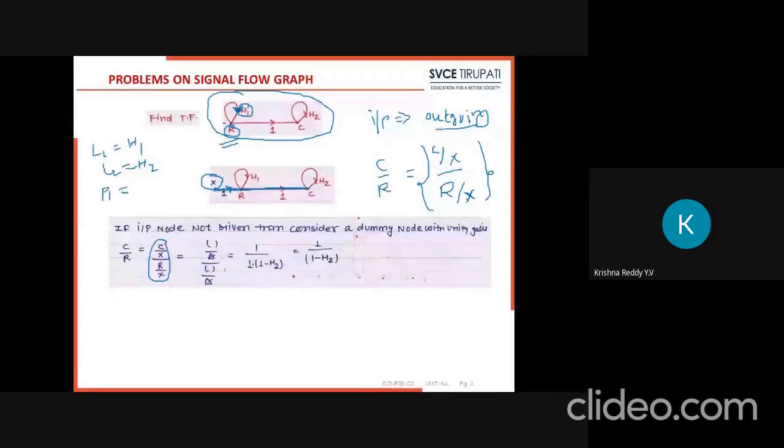Then it is P1 delta 1 divided by delta. That is C by X.